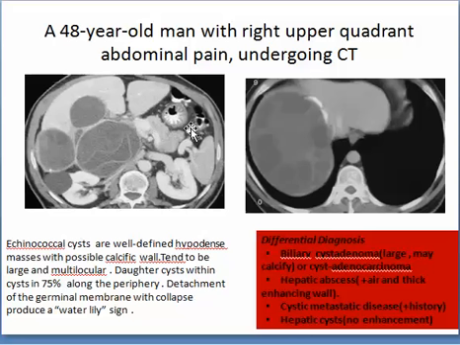So the multiplicity, daughter cysts, lily appearance, and daughter cyst is usually seen in 75% of cases. This all together point to hydatid disease.